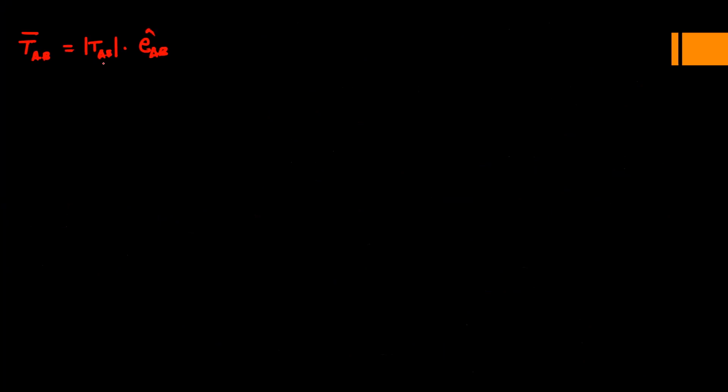Here the magnitude is not given, so we will assume the magnitude of tension AB is just tension AB. That complete vector you will get as tension AB bar equal to tension AB into 0.308i minus 0.923j plus 0.231k.